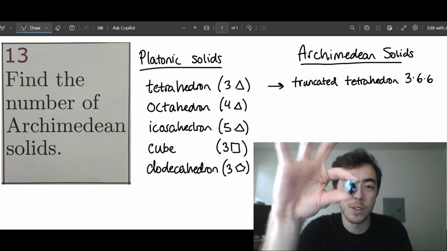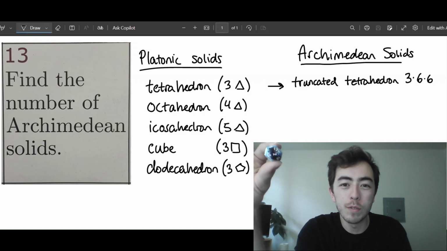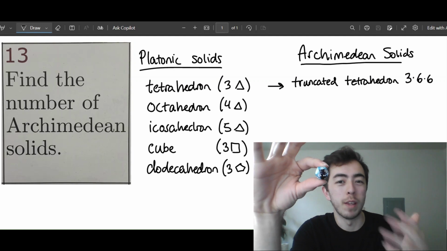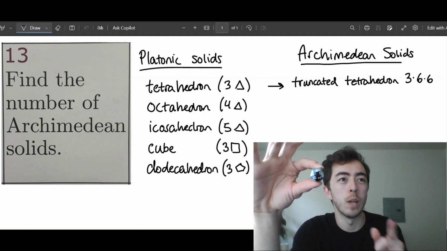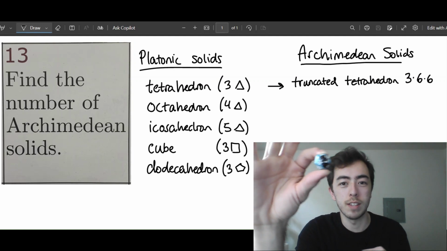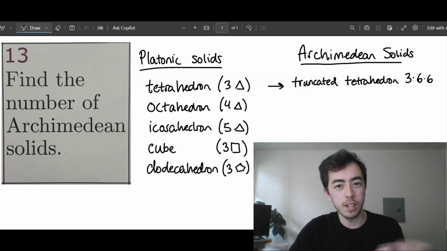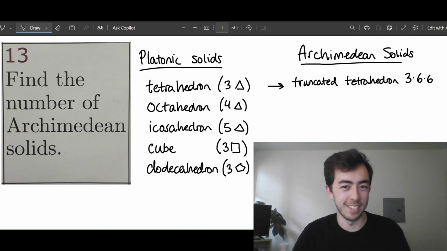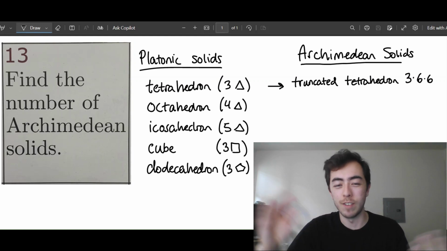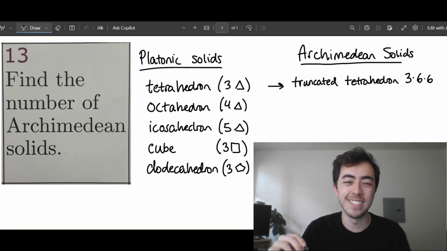This actually, when you truncate it, turns into a soccer ball. Maybe you've noticed a soccer ball is made out of, I think, black pentagons and white hexagons. And so when you truncate this the right way, you're going to get a tiling, a spherical object made out of pentagons and hexagons. And that exactly is a soccer ball, or a football if you're not from the United States.